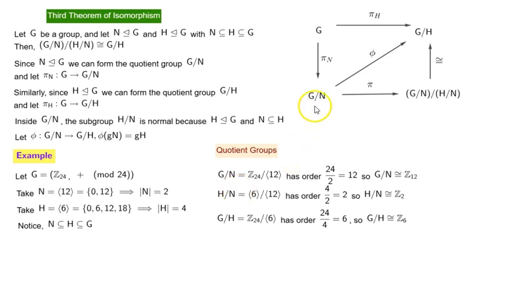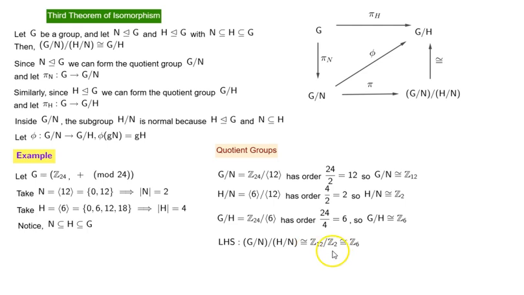Okay, so now we have G/N, we have G/H, and we have H/N. So the LHS in the theorem is (G/N)/(H/N). G/N is isomorphic to Z12. So Z12 by Z2, which is H/N.